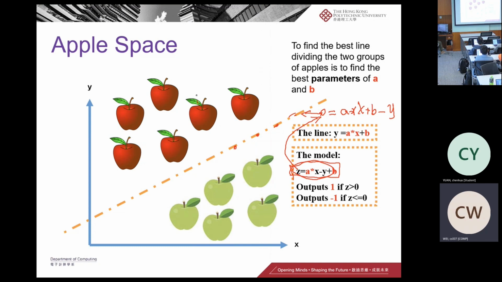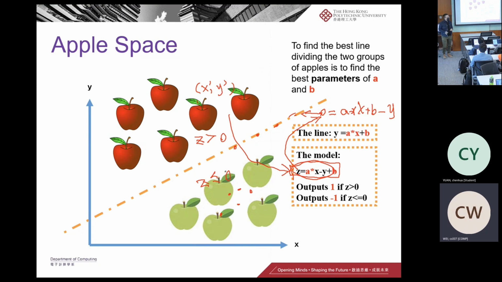But for a point like here, if you sample some value x prime, y prime from here and substitute them into this formula, you are going to have z larger than 0. Otherwise, on the other side, if you sample from here, you're going to have z less than 0, right?